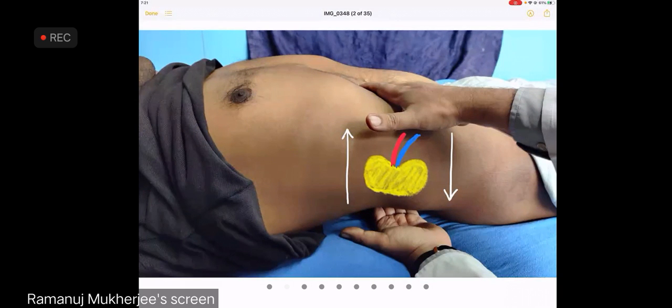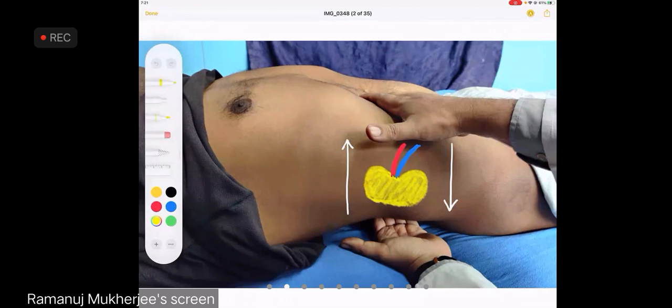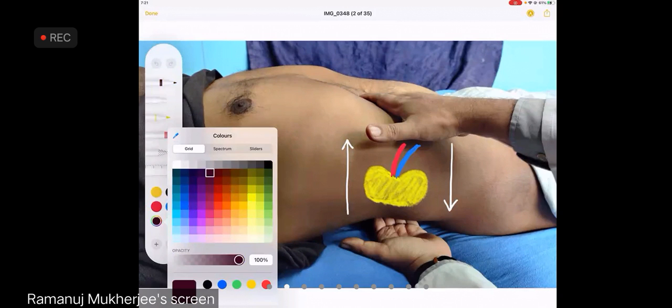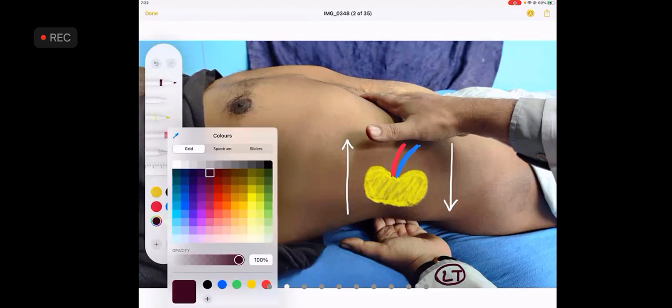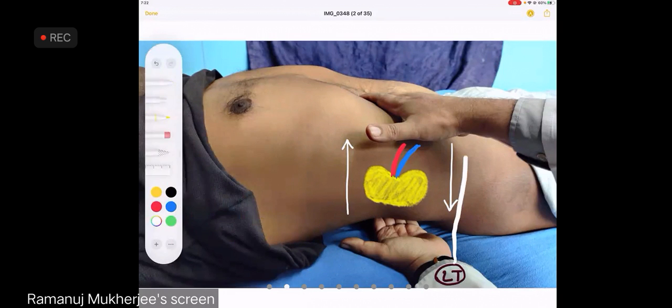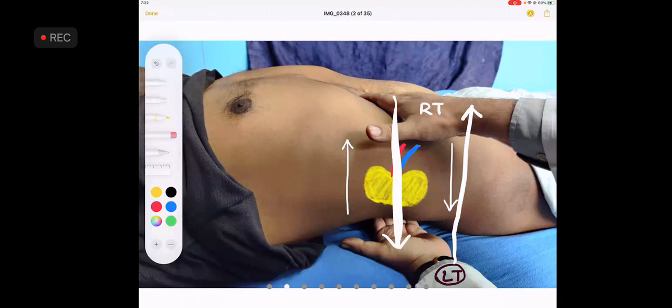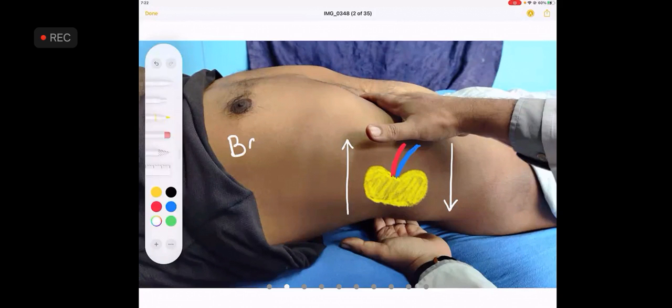But what is done is that the lower hand, that means the left hand, pushes this towards the right hand, which is in this place. And then the right hand again pushes this down to this place. So this maneuver is called ballotability.